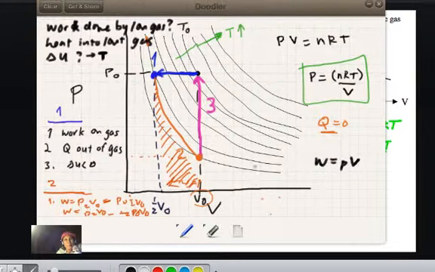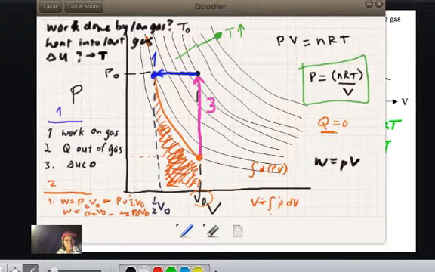So the area is integrating P delta V. This equals the work. Now, is it done on the gas or by the gas? Well, I'm going to skip that for now. I don't know the answer.